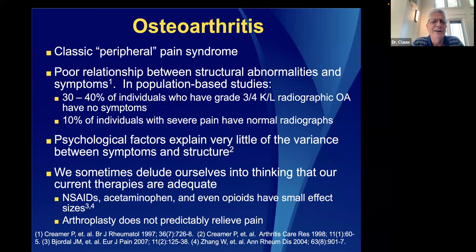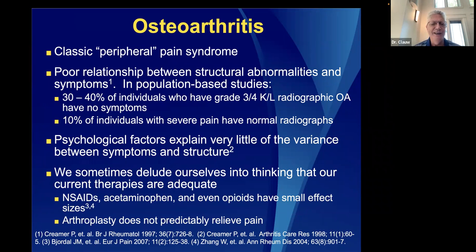After these studies were done in osteoarthritis and in other chronic pain conditions where this was found, when people saw that there was a group of patients that had pain that didn't have anything wrong with their x-rays, the first thing they concluded is that these people must be crazy. They must have prominent psychological factors that are explaining their pain because we can't see anything wrong on their x-rays.